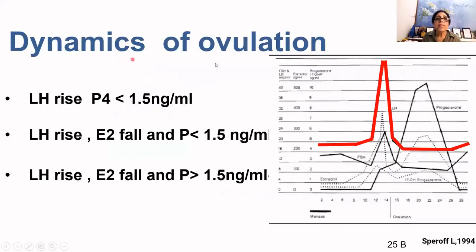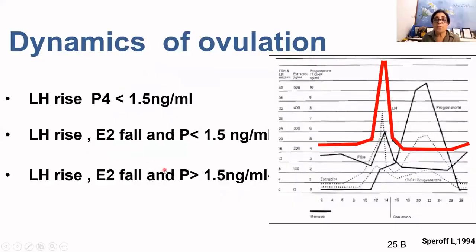So this is the dynamics of ovulation. First the LH rises and the progesterone is less than 1.5 nanogram. Then after the LH rise, the first thing that marks ovulation is an E2 fall. That is, the estrogen falls, but the progesterone remains less than 1 nanogram.